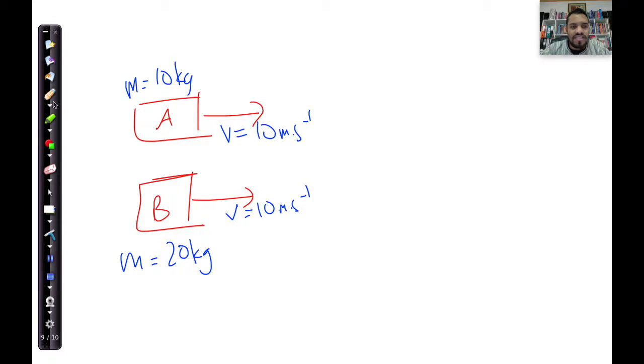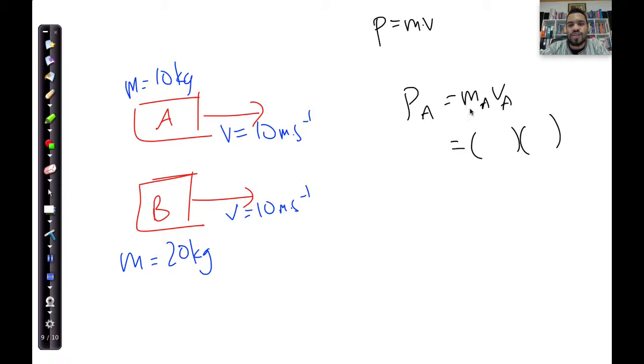Now if I had to tell you to calculate the momentum of the object, you would say, well, Imad, momentum is just P equals mass times velocity. So to find the momentum of object A, I would say object A's momentum is the mass of object A multiplied by the velocity of object A. Substituting those values, the mass of A is 10 kilograms and the velocity of A is 10 meters per second.